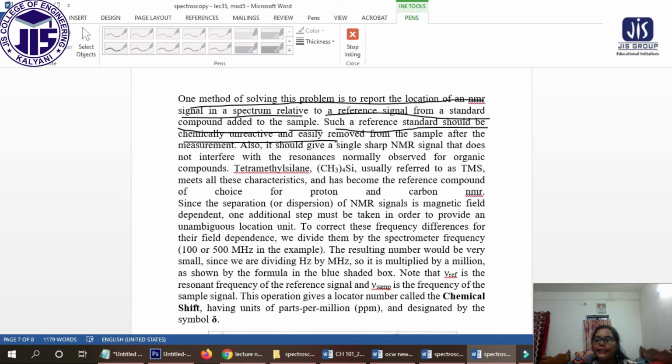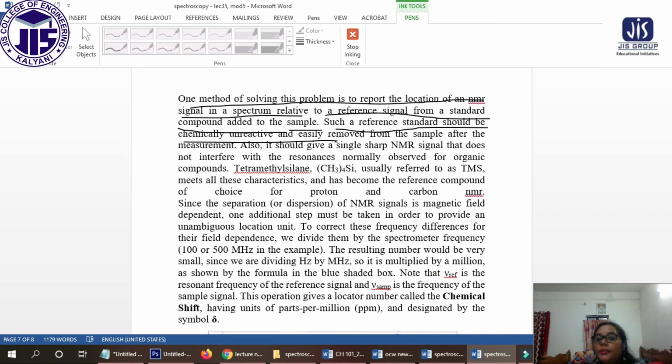It is very easy to remove. Also it should give a single sharp NMR signal that does not interfere with the resonances normally observed for organic compounds, like tetramethylsilane.